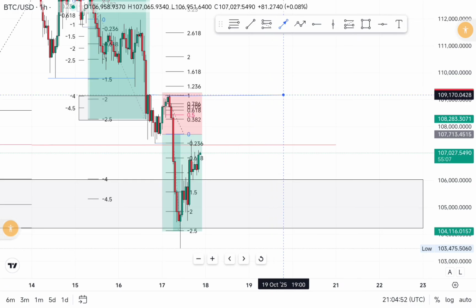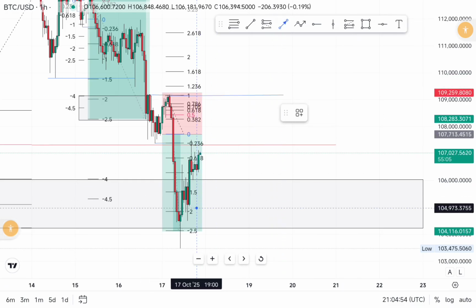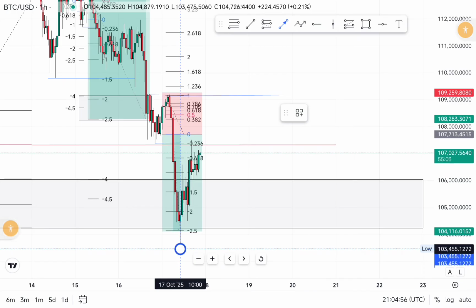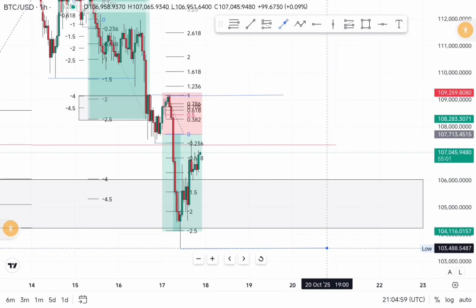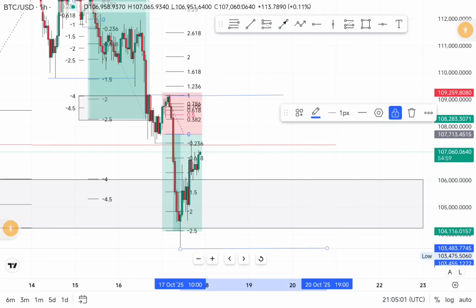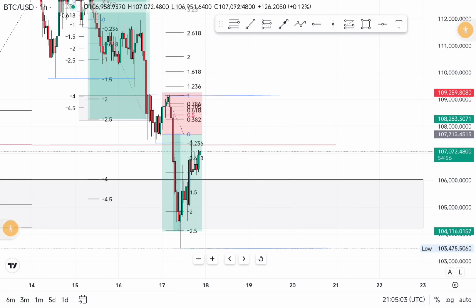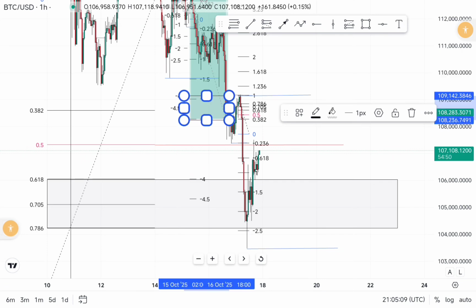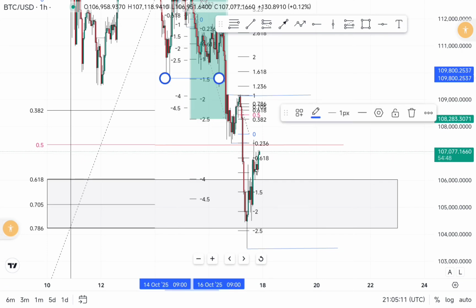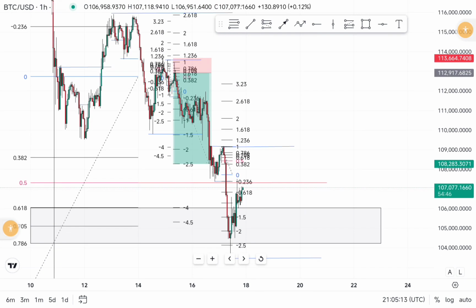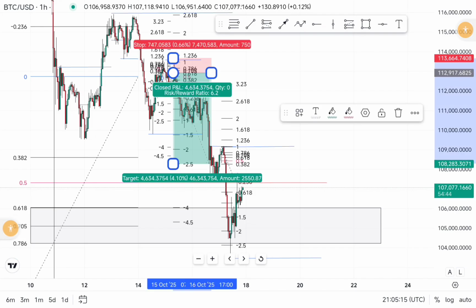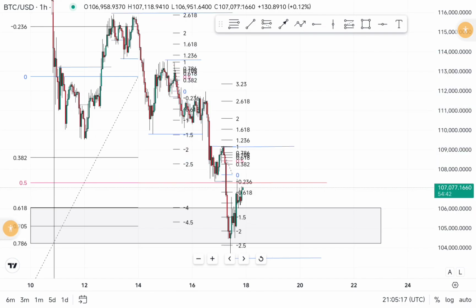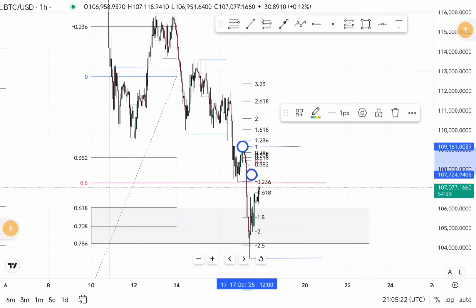So at this particular region now, all we need to do is to wait for the structure shift, which is a change of character, in 1 hour time frame, then in 4 hours time frame, and finally in the daily time frame.